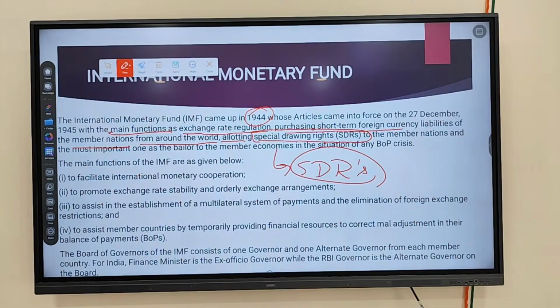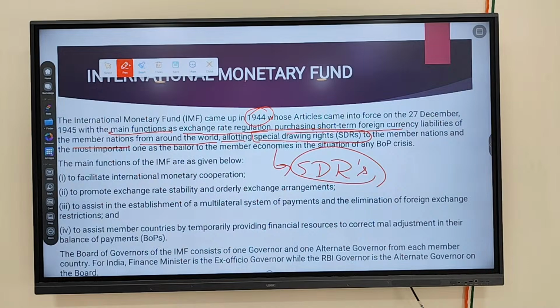The more deposits we make under the IMF, the more voting rights we get. Currently, India has 2.41% of voting rights itself. The USA has more voting rights in SDR, then China.